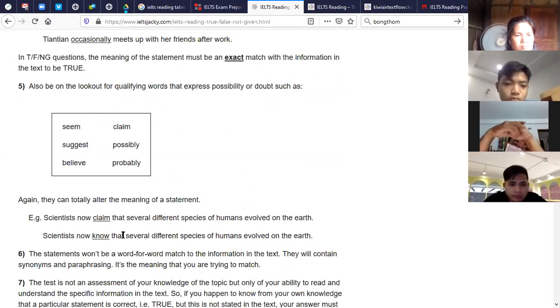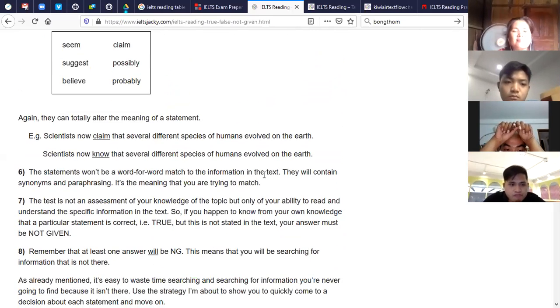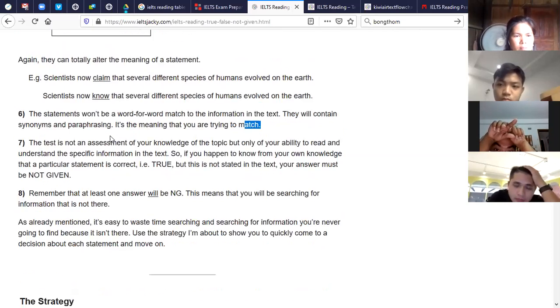Scientists now know that, but claim and know are not the same meaning, which means it's not true. It's a false statement. The statement won't be a word-for-word match to the information in the text. They will contain synonyms, like Sroh said, very good. And the test is not an assessment of your knowledge, so do not worry. Just make sure you get the answers correctly.